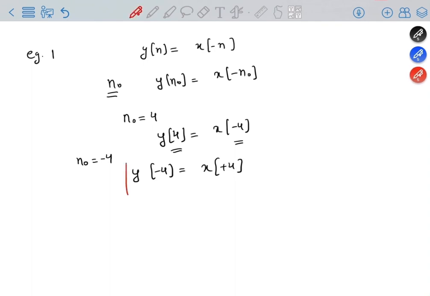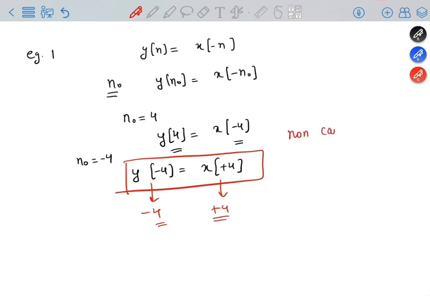So in this case you can see that the output at minus 4 is dependent on the input at a value of plus 4. So the output is dependent on a future value. So the system will be anticipatory and thus it is a non-causal system. So you have to look carefully at whether the system is depending on future values or not, to judge whether the system is causal or non-causal.